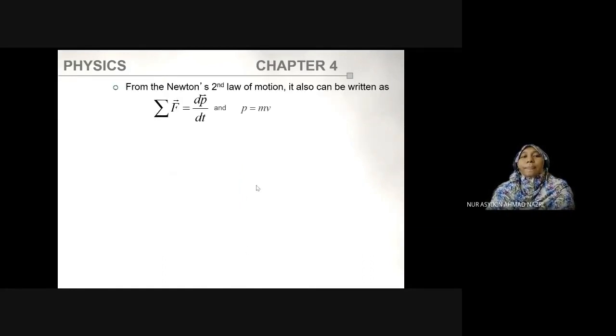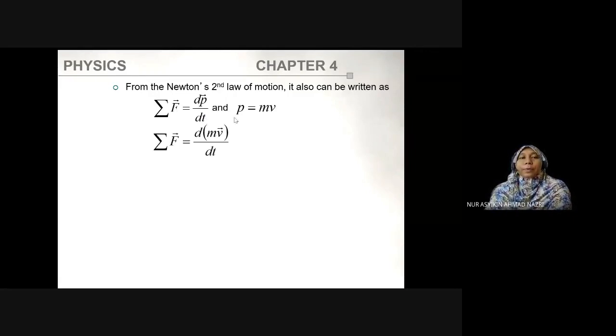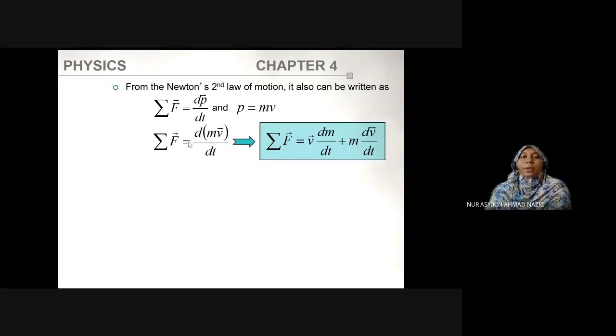So here dp per dt is the change, which we take purely from the definition. So we get this, before we derive it into the equation we usually use. So we take the pure one first, then we derive.